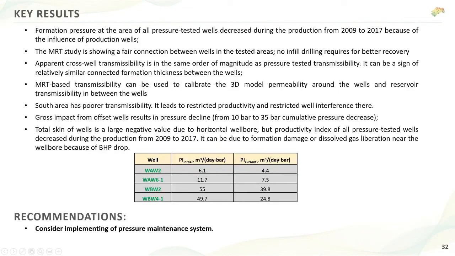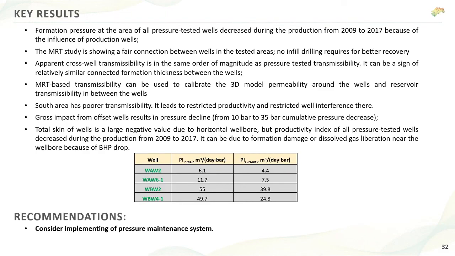And another thing we saw here is that there was a drop in the productivity index for each of those wells. So as our reservoir pressure is going down, and it again crossed the line of bubble point, unfortunately we have more and more gas around the well in the reservoir, and unfortunately it leads to decline in productivity index.